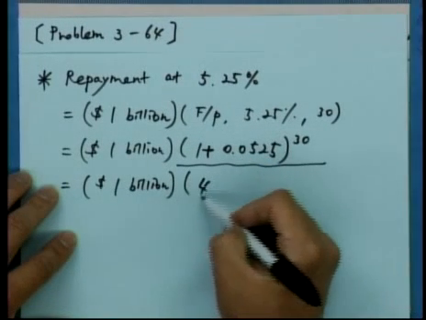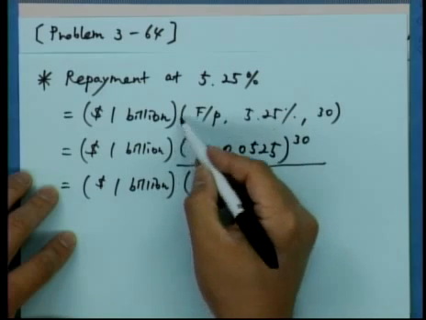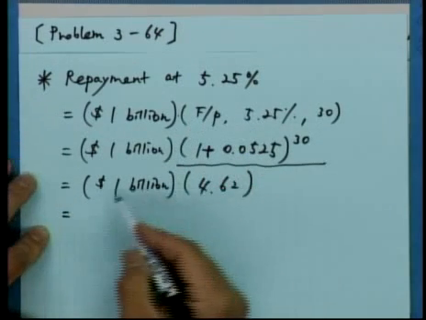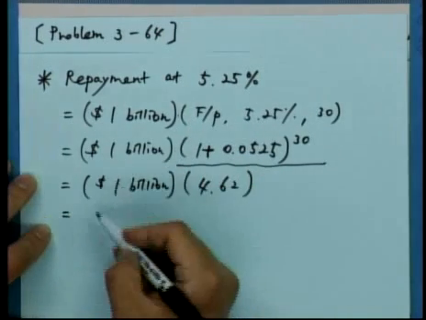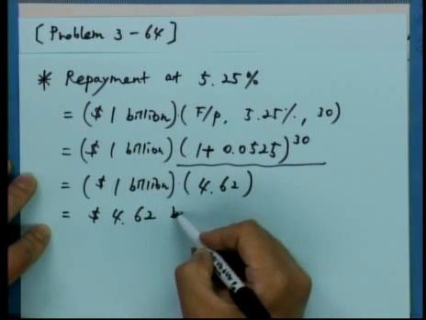It's going to be 4.62. So if you multiply by 1 billion, it's going to be $4.62 billion.